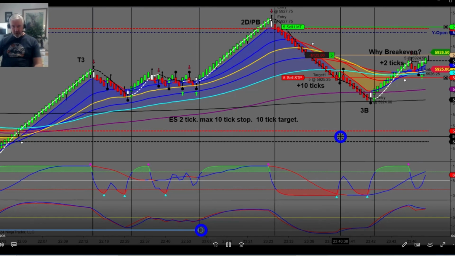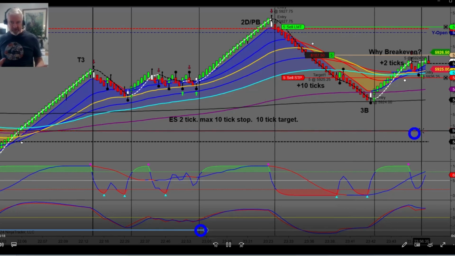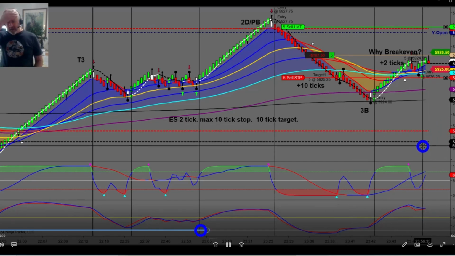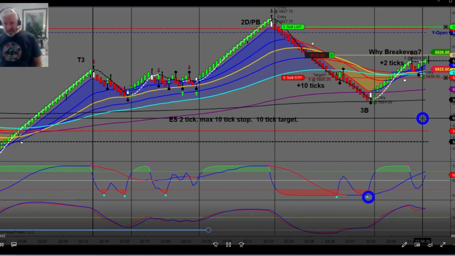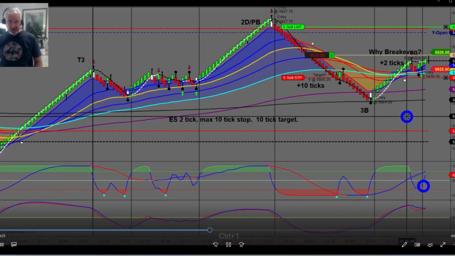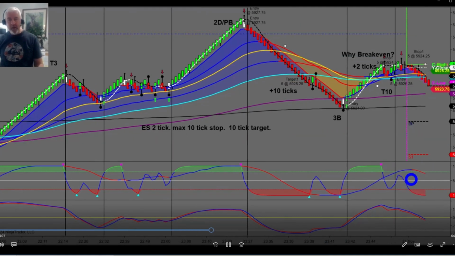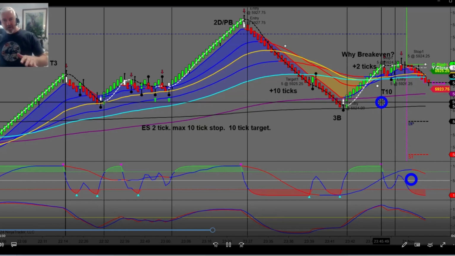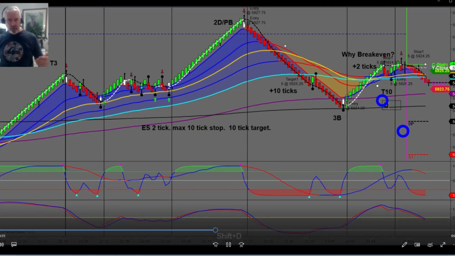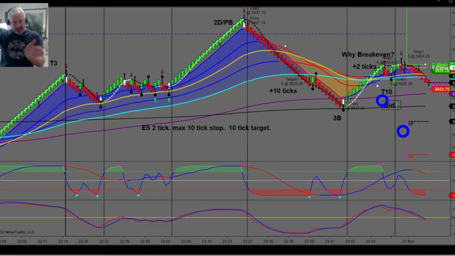Now let me just move along here. Now this is an error. This is where I think it was here. This is where I stuffed it up. You just saw, traders, that I went to break even at that major area of resistance, and I went long again. And the reason I went long is this is what I call a T10 setup, which is normally a kick butt setup, but you don't buy or sell into major areas of support or resistance unless you've got distance to take a profit, or buy into it and get to break even.